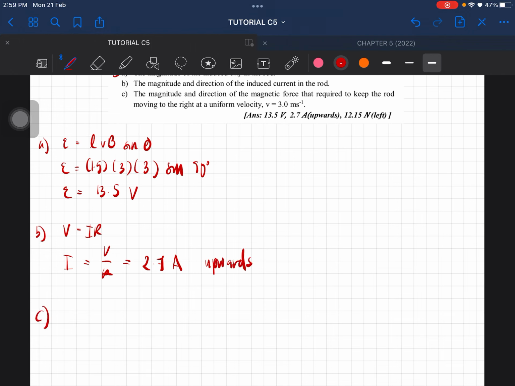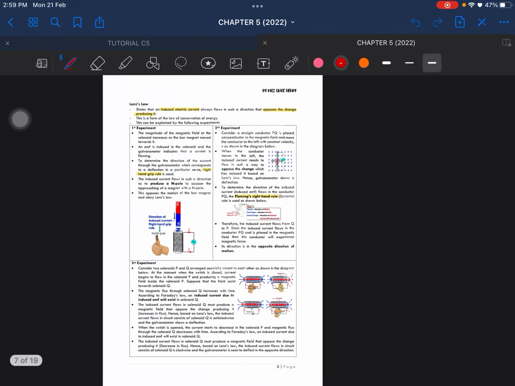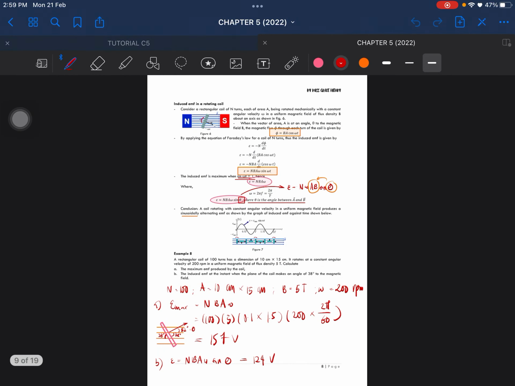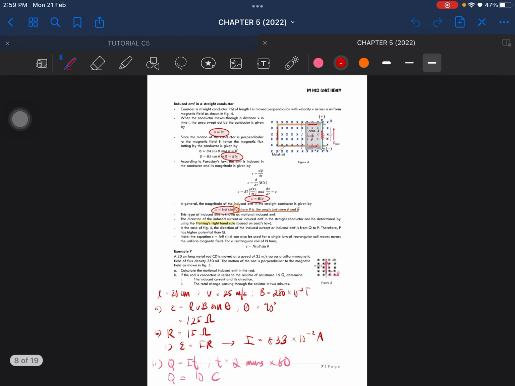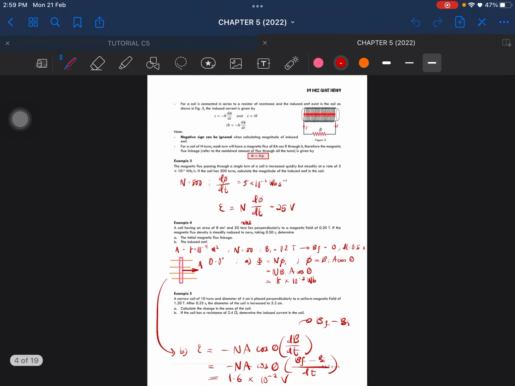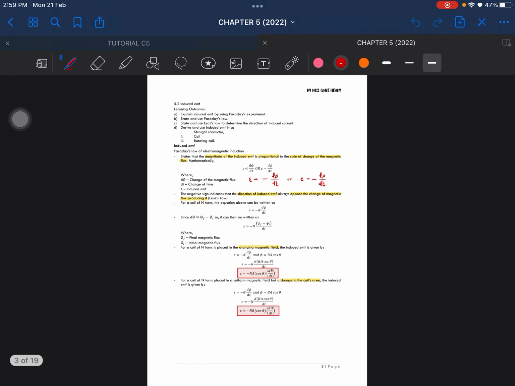Now question C, we have to calculate the magnetic force. Remember, the magnetic force is calculated using the equation, let me double check where it is in the notes. Why can't I find it? Sorry, let me just check this real quick.